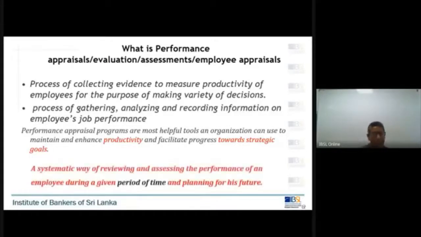Another definition: a systematic way of reviewing and assessing the performance of an employee during a given period of time. Remember, the appraisal has to be done for a particular period, maybe 1 year, 6 months, 3 months, like that.